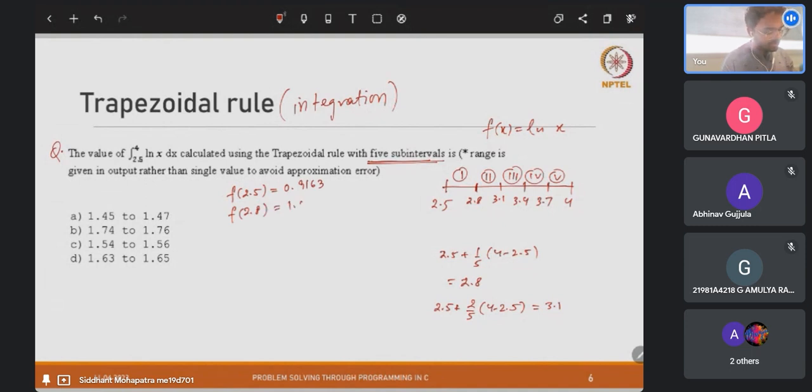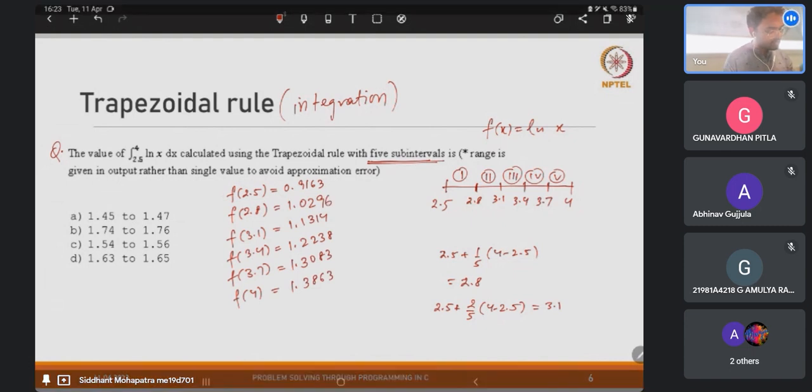I get 1.029. ln 3.1, it's 1.1314. ln 3.4, 1.2238. ln 3.7, 1.3083. ln 4, which is 1.3863, right? So yeah, we have all these values.